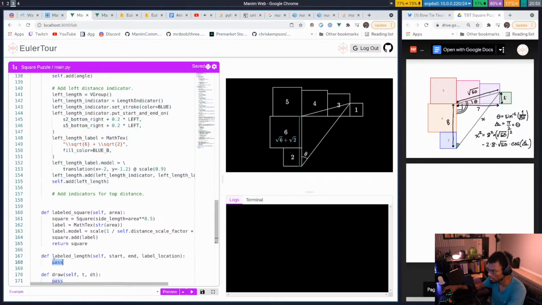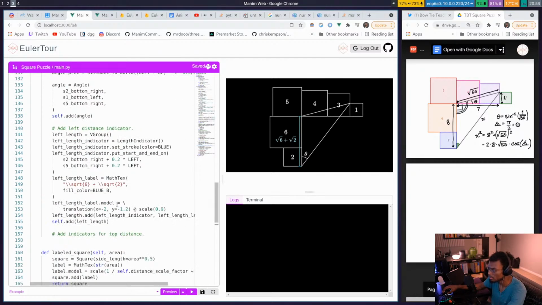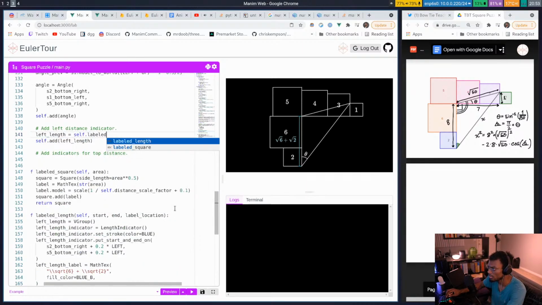So this left length equals self dot labeled length.